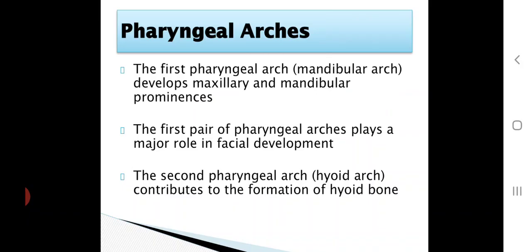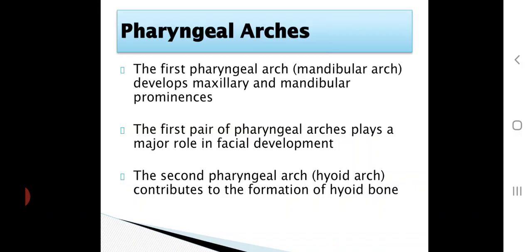The first pharyngeal arch is called the mandibular arch. The mandibular arch mainly gives rise to two parts, maxillary and mandibular. So this first arch plays the major role in facial development. The second pharyngeal arch is called the hyoid arch.